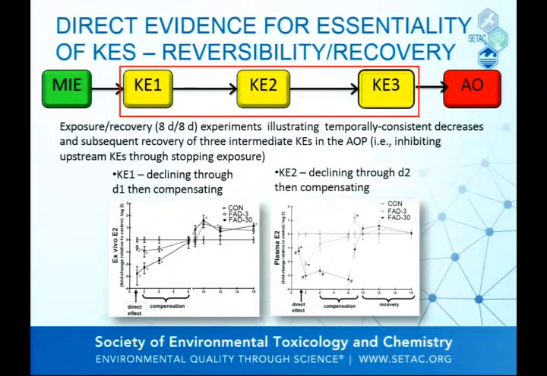The estradiol production by the ovary bounced right back, and in fact it exceeded the control levels because we had caused that compensatory response, and they'd actually increased the amount of enzyme they were producing, so they produced more estradiol than the controls. We turn off the chemical, and again, plasma estradiol levels do the same thing. They rebound, come back above the controls, and then bounce back down. They do that in the same temporal order that you saw the initial impacts in the first place. So again, that provides fairly good support for essentiality.